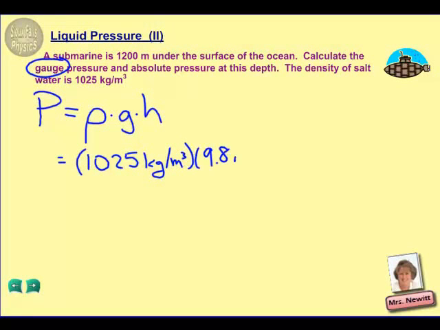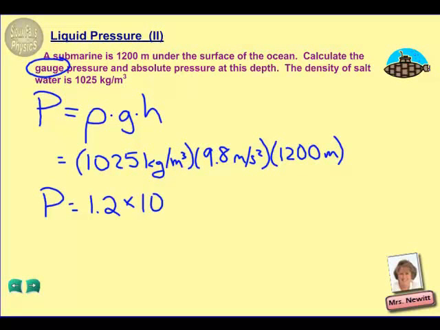Gravity is 9.8. And the height would represent the depth below the surface in this case, which is the 1,200 meters. Solving that out, we get a pressure of 1.2 times 10 to the 7th pascals. And again, this portion just represents the gauge pressure in this situation.